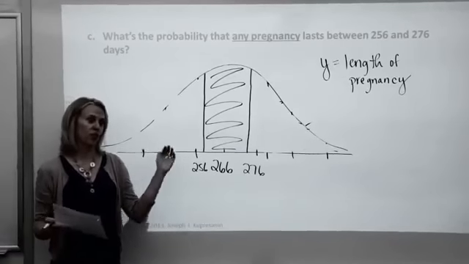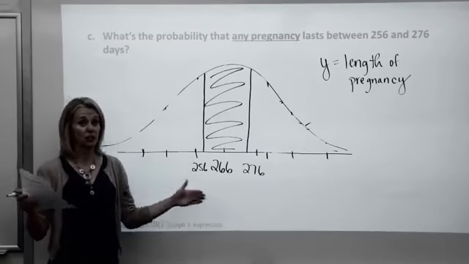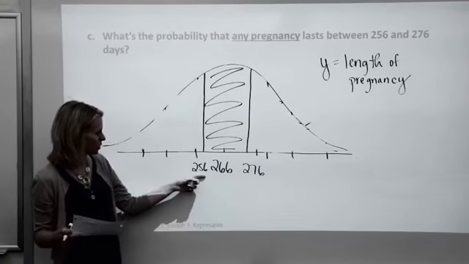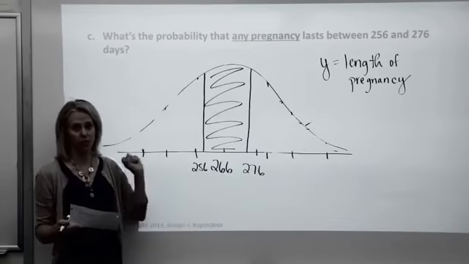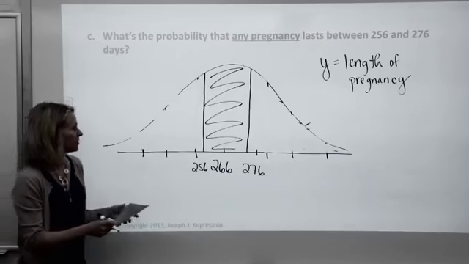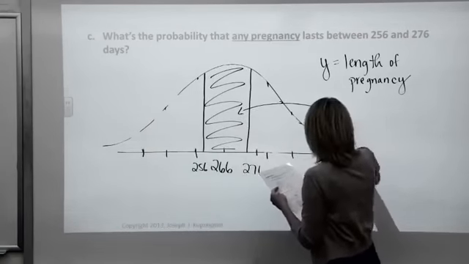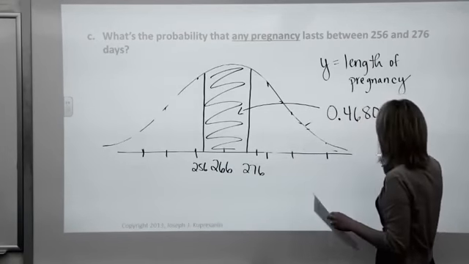Again, use StatCrunch, that normal calculator. It has that where you can find the area between 2 values, so check between at the top, and you're looking for the area between 256 and 276. You know the mean, standard deviation 16. So again, from StatCrunch, this area in here will be 0.4680.